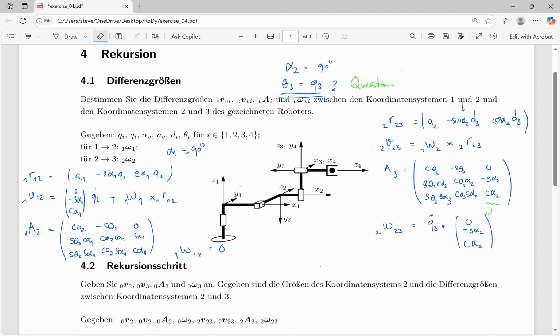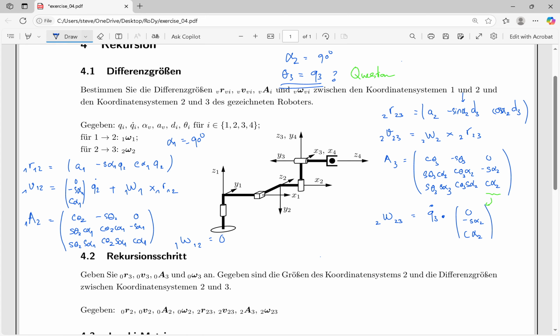So that gives us the coordinate of negative q2, and cosine of alpha 1 is going to be 0.